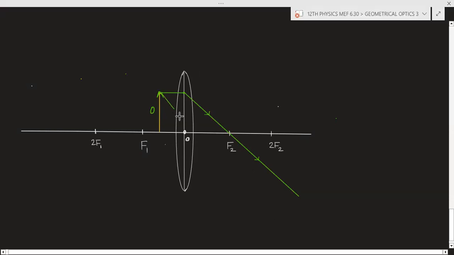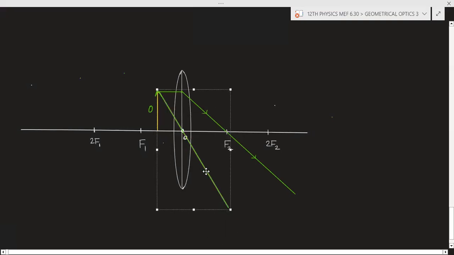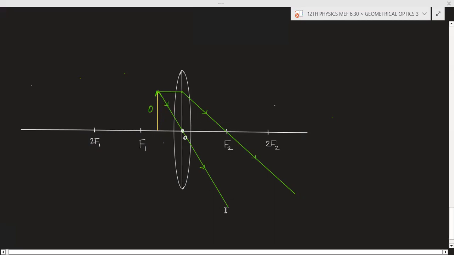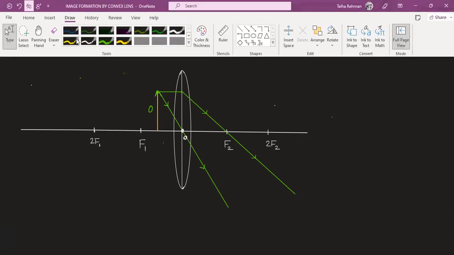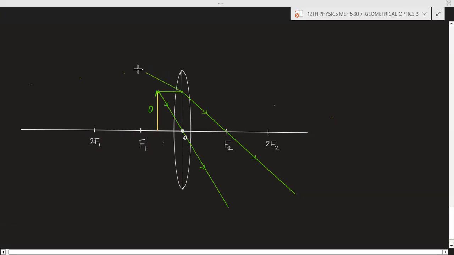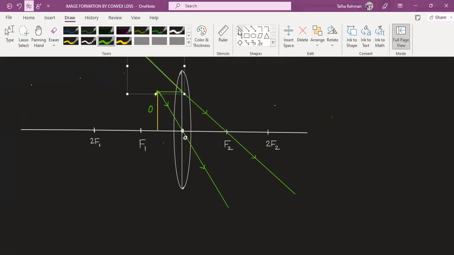Another ray from this object is passing through the optical center like this, and whenever a ray of light passes through the optical center, it passes straight. Now you can see both rays are diverging, and diverging rays will never meet in actual. So for the image formation, we will just produce these rays in the backward direction, like this.